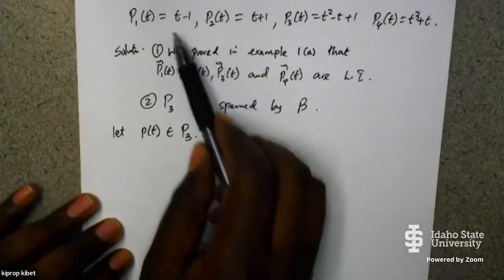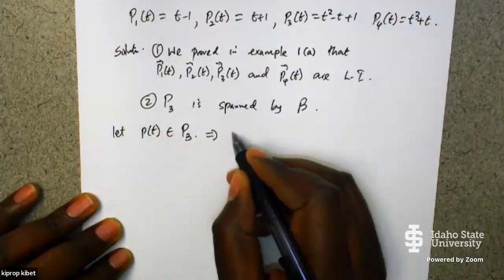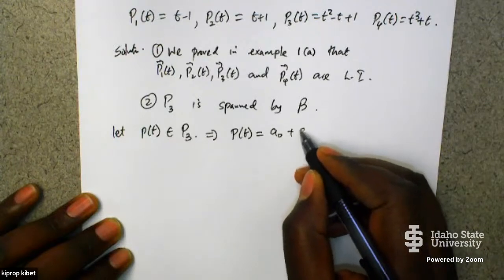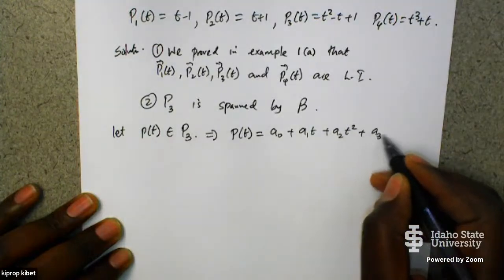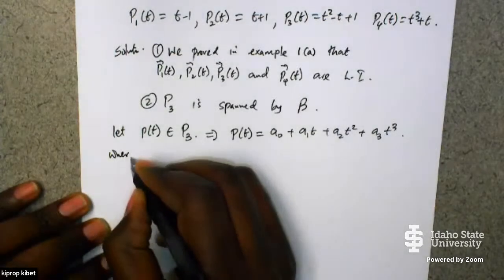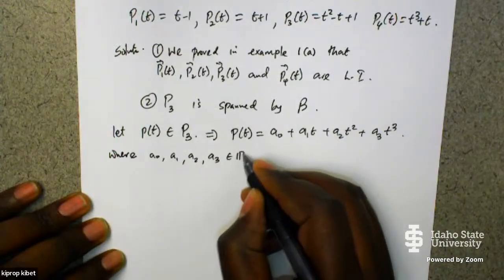Now, since this is a polynomial of order 3, P of T equals A0 plus A1 of T plus A2 of T squared plus A3 of T cubed, where A0, A1, A2, and A3 are elements of real numbers.